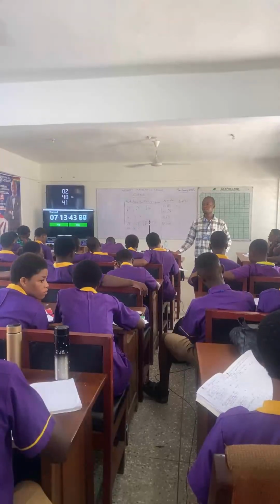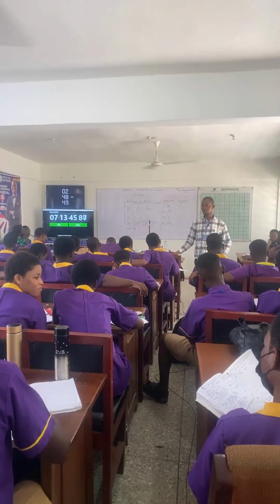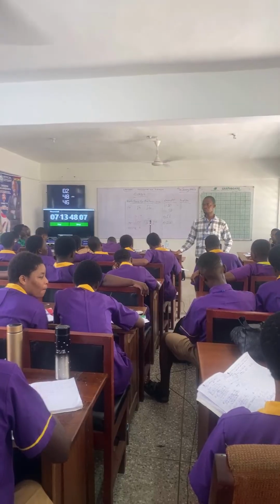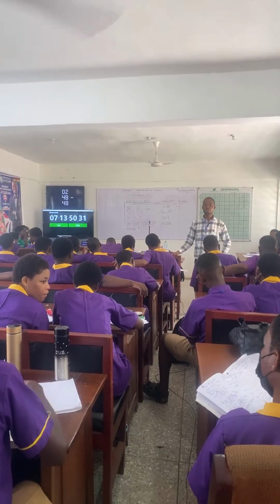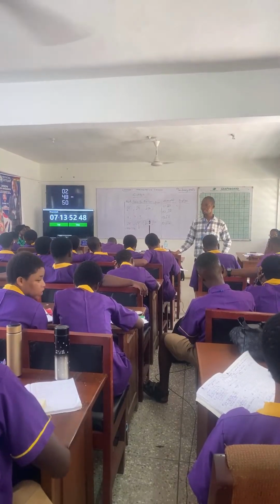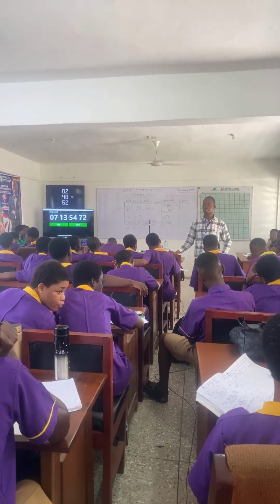Two numbers that, when you multiply, give you the same result. You must consider this: of the two numbers that you are choosing, make sure one of the numbers is a perfect square number.